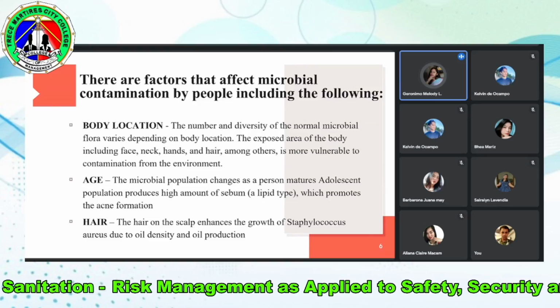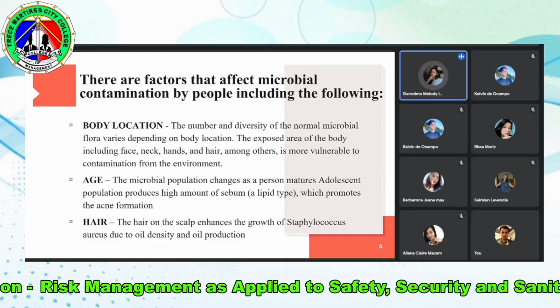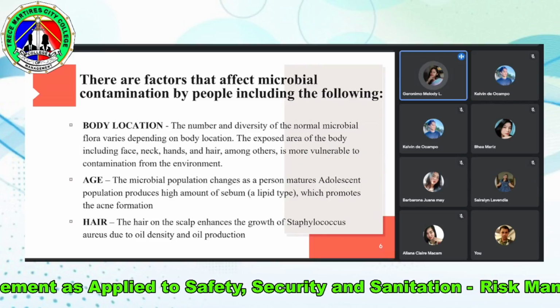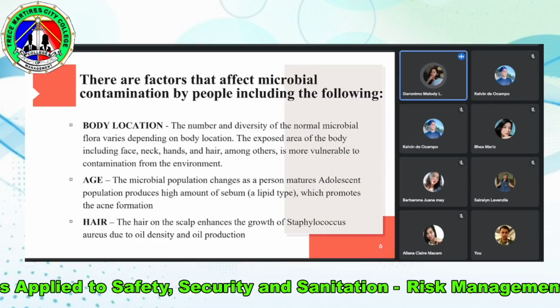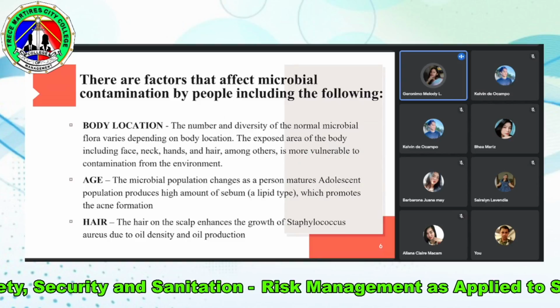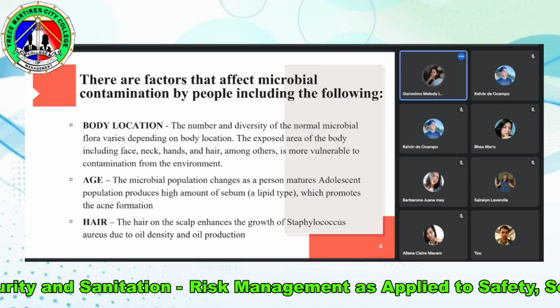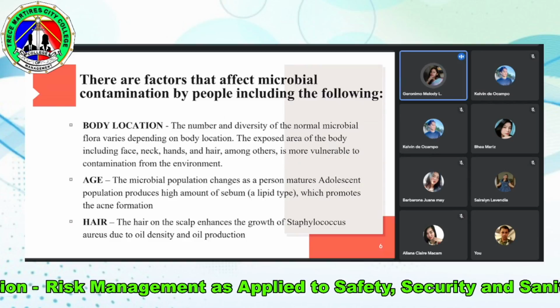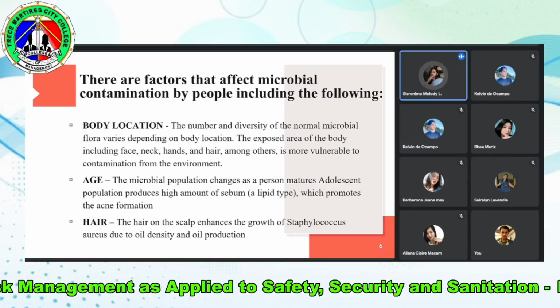Sinasabi po rito na ang body location ay may malaking epekto sa pagkakaroon ng food contamination. Tulad nga po ng mga exposed area sa ating katawan, dahil ito ay exposed, mas madami pong nakadikit na mikrobyo na hindi natin nakikita.